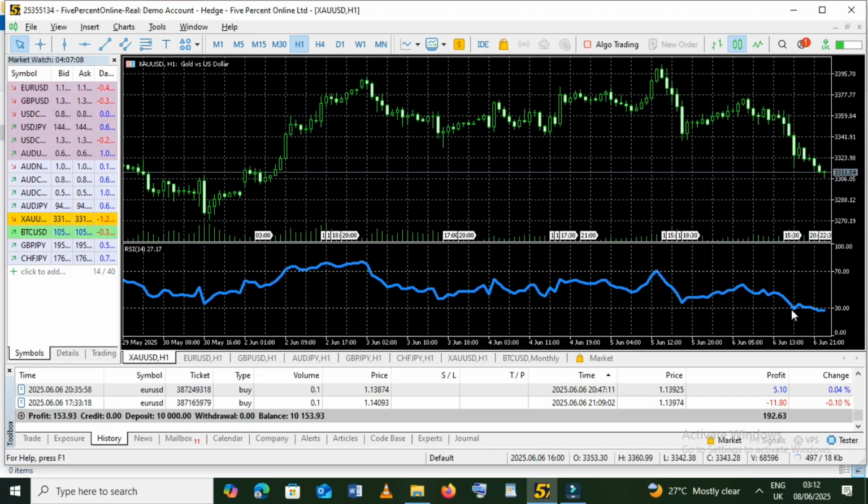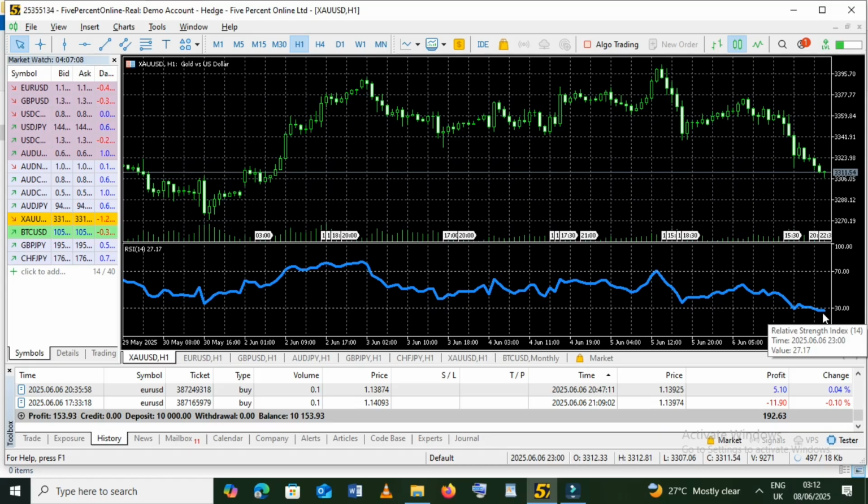Then when you see the RSI line cross below or at point 30, you are expected to place a buy order. It signals that the selling power is now weak. So the selling power gets weak at point 30 in RSI and the buying power gets weak at point 70 and above.